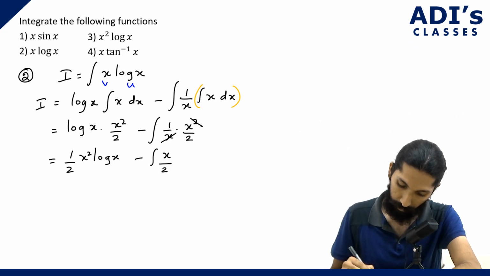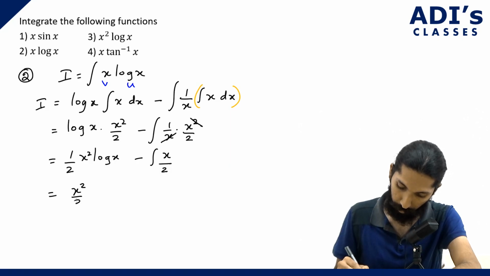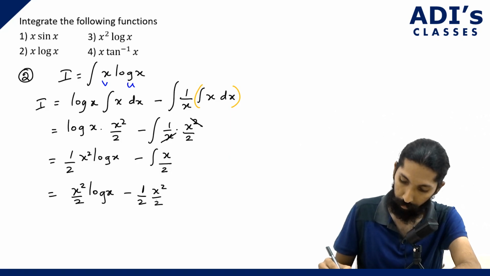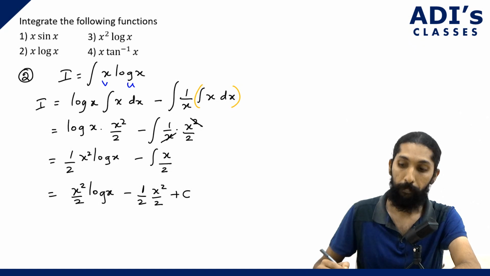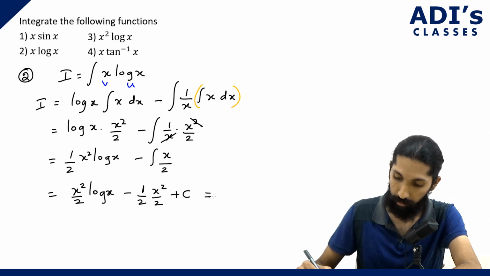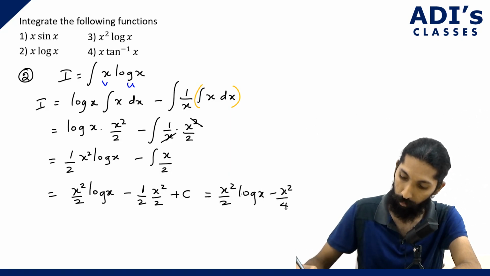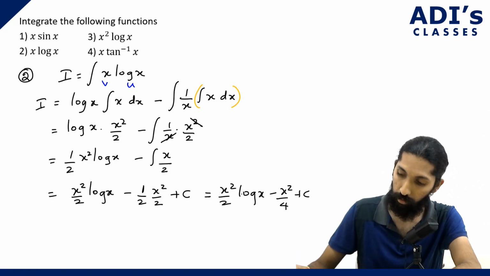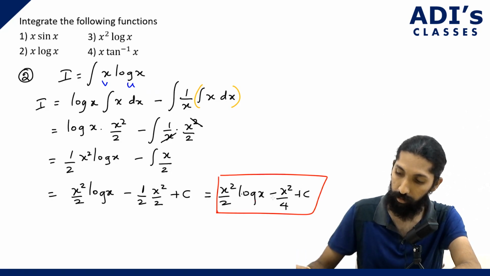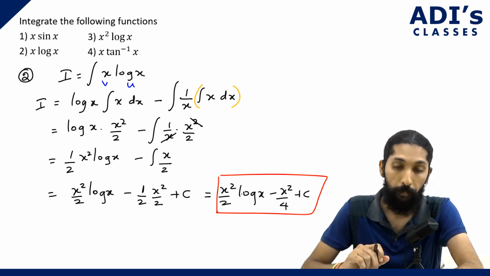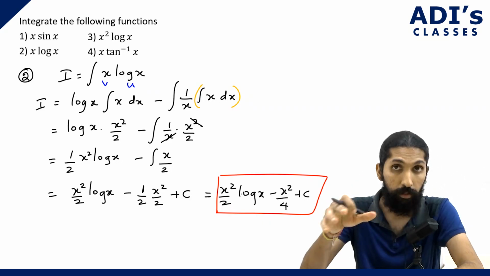We are going to have x square by 2 into log x minus half into x square by 2 plus c. Or the final answer, we can write it as x square by 2 log x minus x square by 4 plus c. So this is going to be the final answer for the second question. Fair enough?